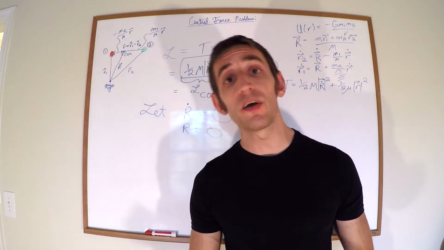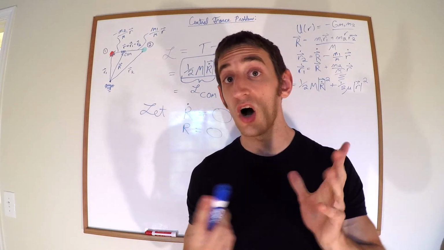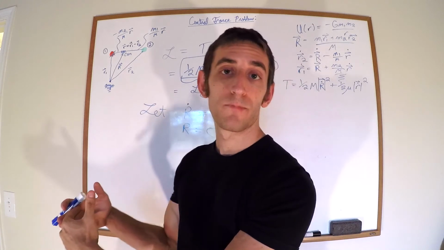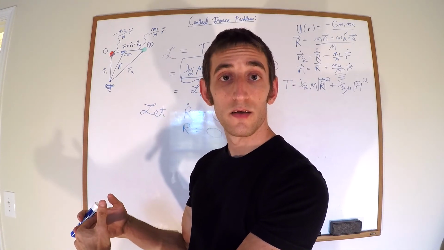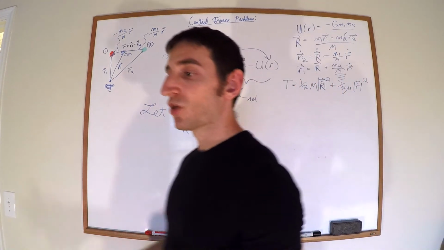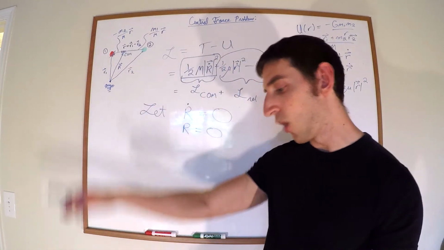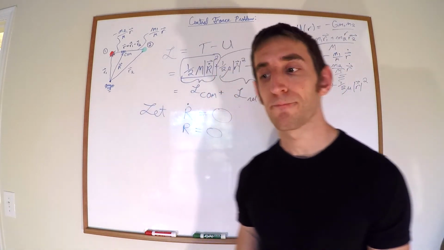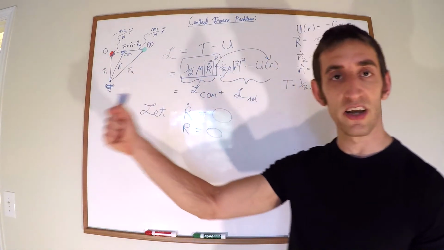And if we're moving with the center of mass, according to us, it'll look like the center of mass is not moving because we're moving with it. Okay? Another way of thinking about this is if you're in the car, going 50 miles per hour, and you have a drink in your hand.